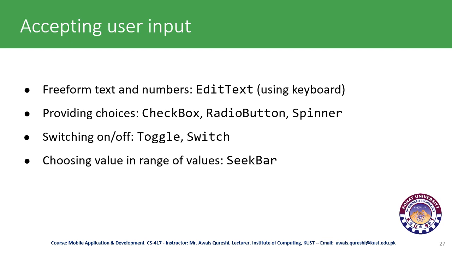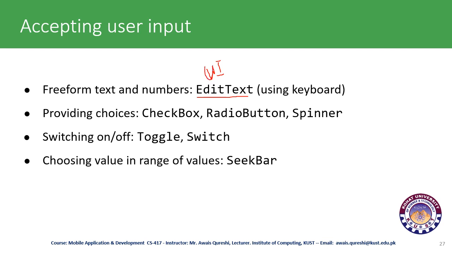How can we accept user input with the help of freeform text and numbers, like EditText, by using a keyboard? You have already used this control. This is a UI element which is called the EditText control.